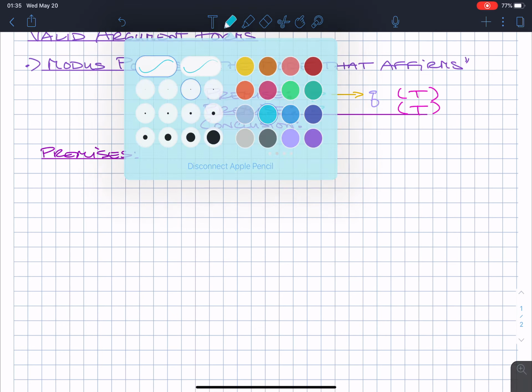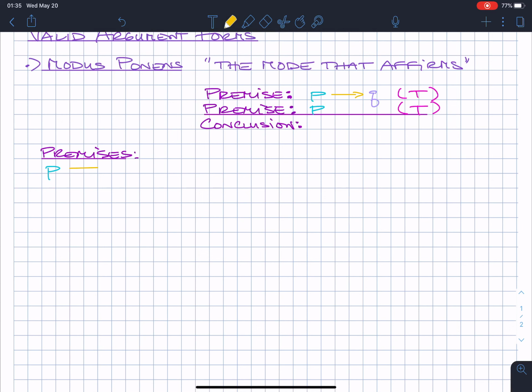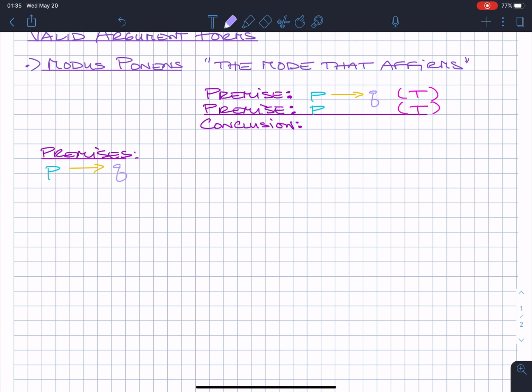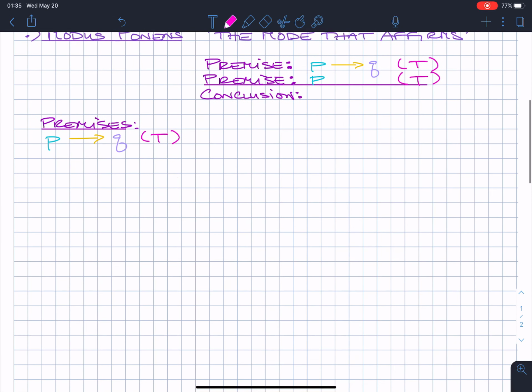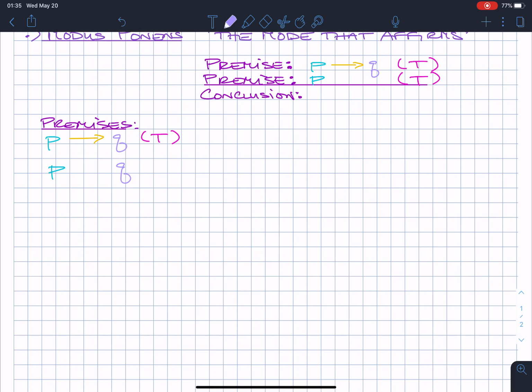We've got P implies Q is true. So there are three possibilities. Let's analyze P and Q. True implies true, that's always true.